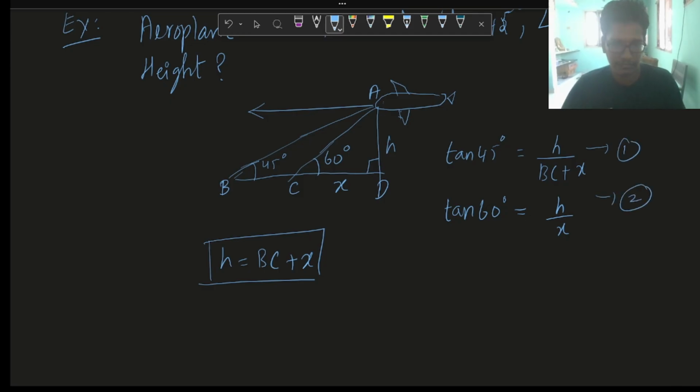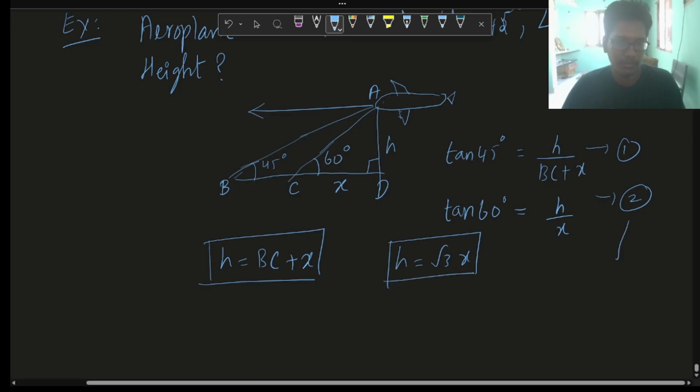And tan 60 is root 3, so H is equal to root 3x. This is what we receive from 2.